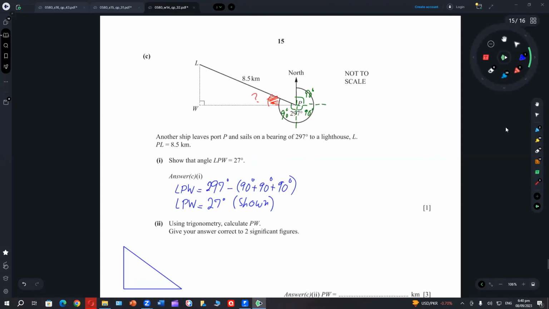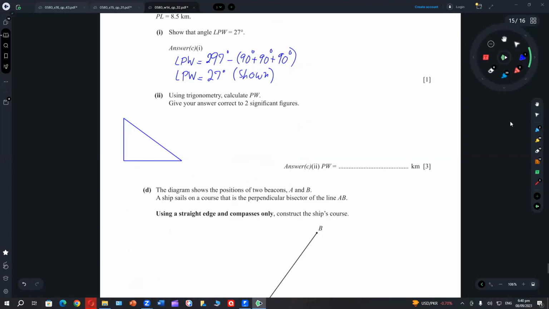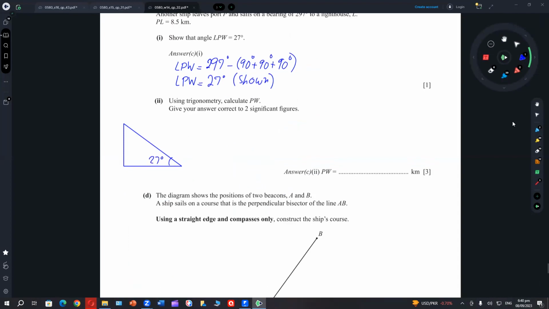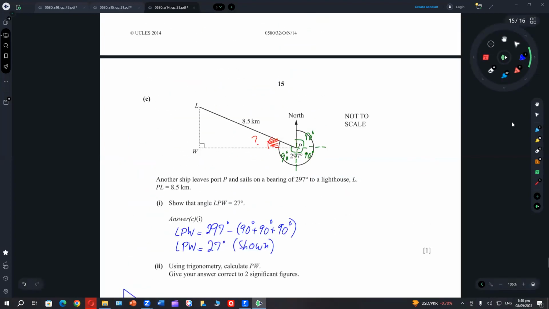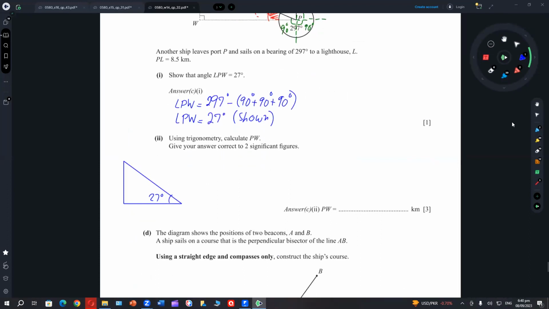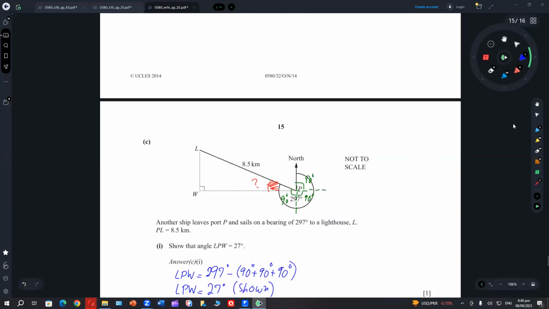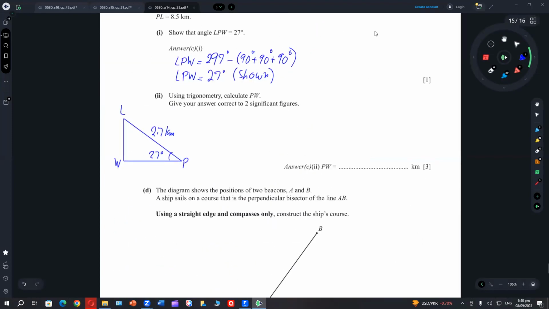And we got the angle 27. This is 27. And we have LP, which is 8.5.